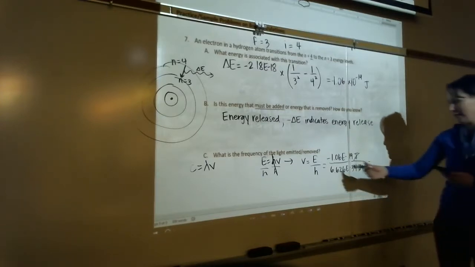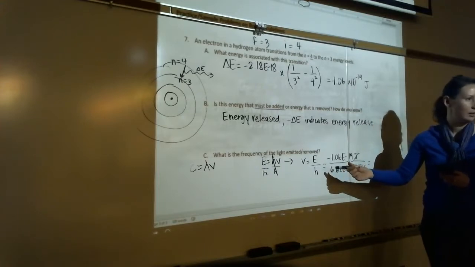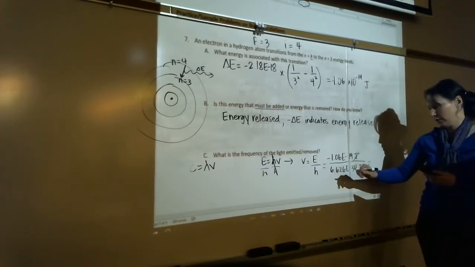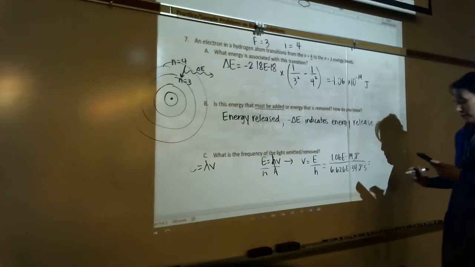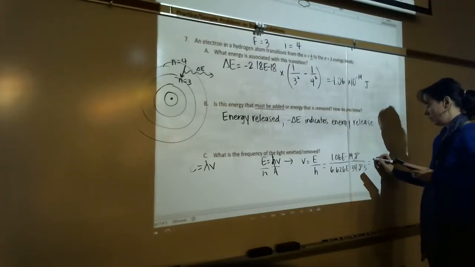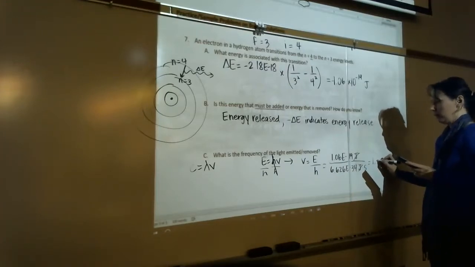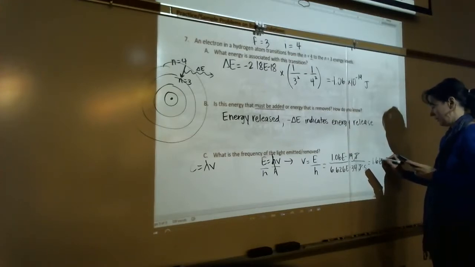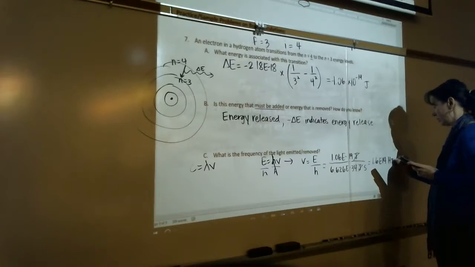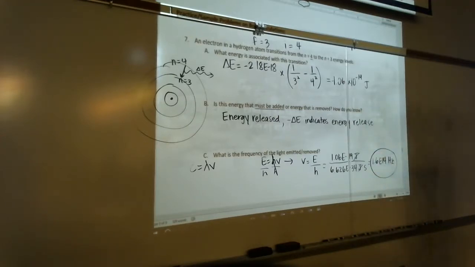Drop the negative, because can you have a negative frequency? That doesn't make sense, right? So we just drop that negative. So I get, let's just go with 2 sig figs, 1.6 times 10 to the 14th hertz, which is the same thing as seconds, of course.